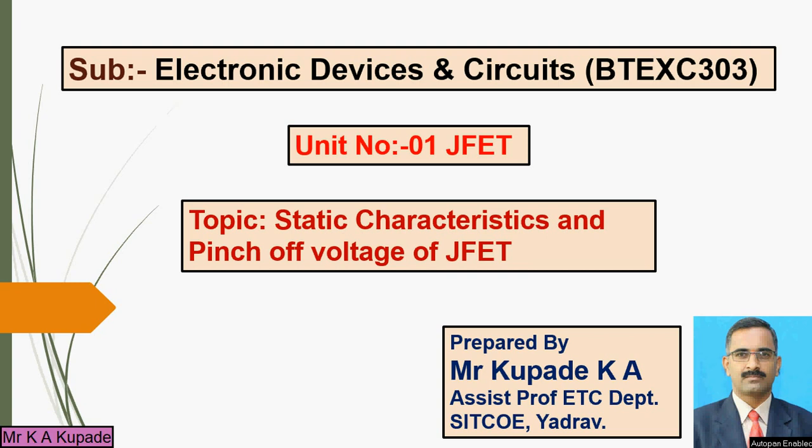The diffused region is called the gate region. Due to this diffusion, the junction formed is again a PN junction for this JFET. So by considering this construction, there are two types.